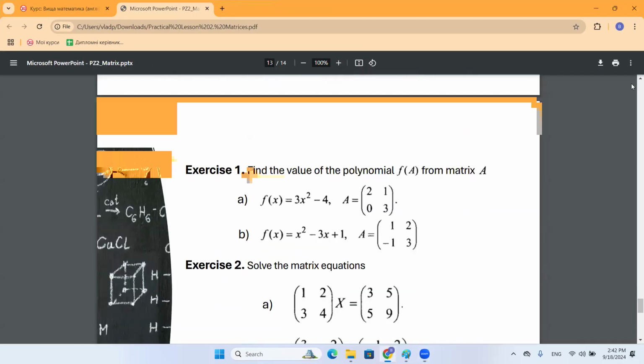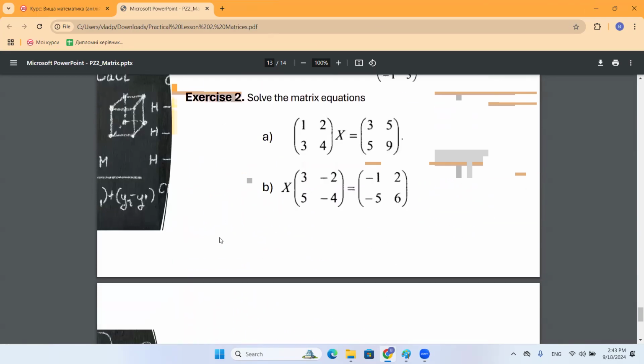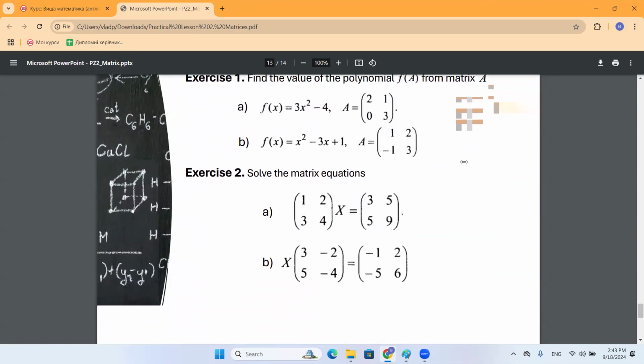And now we will just analyze the next exercise. So I will just ask you how to solve this exercise, matrix equations. The first one, how to solve it? You need to find x. By the way, what is x?